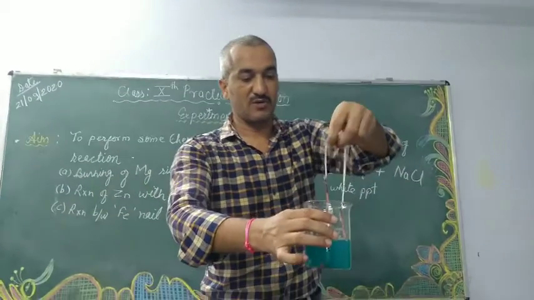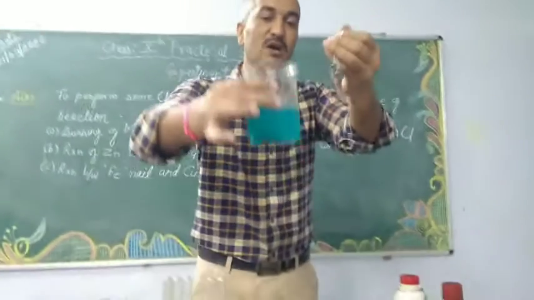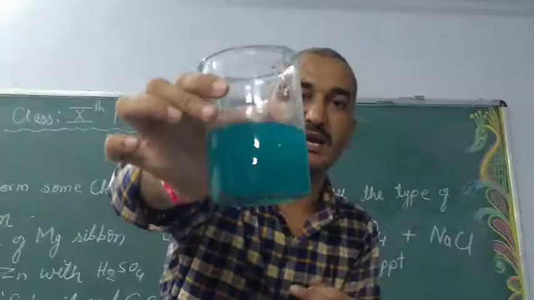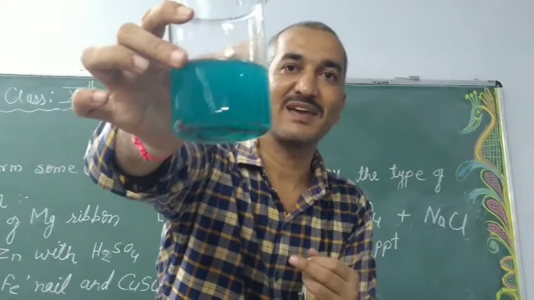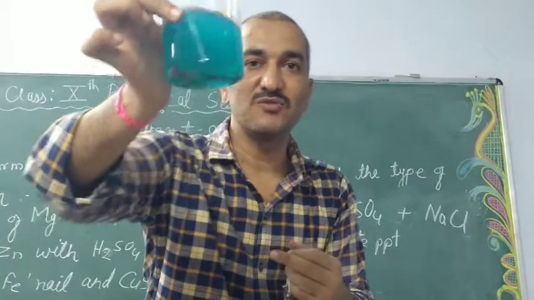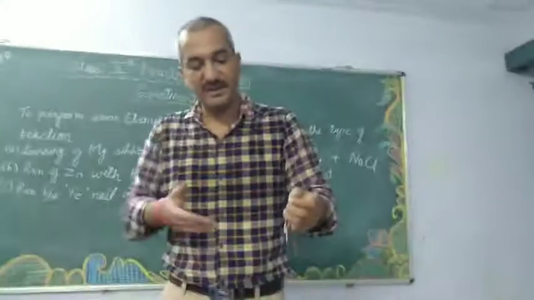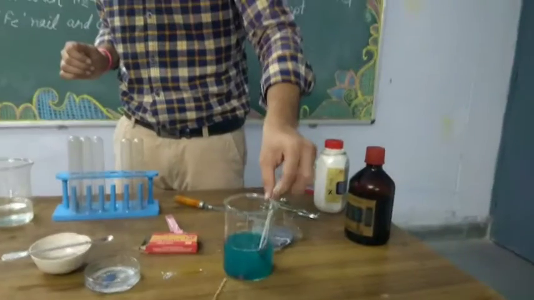I forgot about this. Actually, you see, it takes some time. Earlier it was blue in color, and now the color has turned into a light greenish color. Okay. So now more ferrous sulfate is present inside this solution, and due to the formation of ferrous sulfate, the color changes to light green.